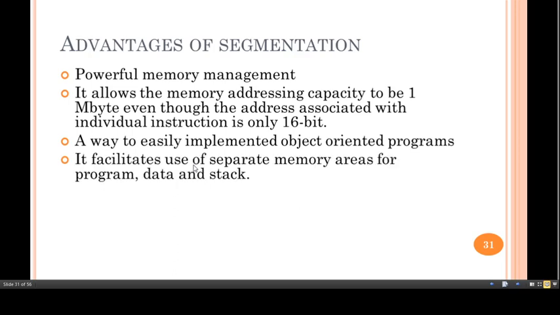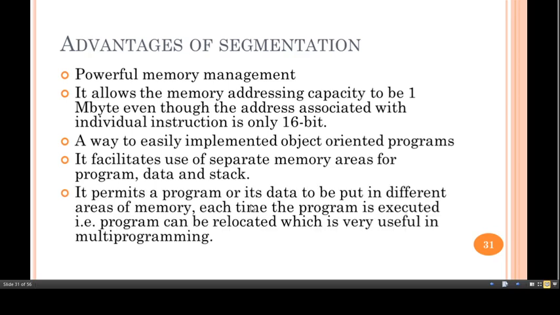It facilitates the use of separate memory areas for program, data and stack. That means we can store program, data and stack in separate memory areas if segmentation is available. It permits a program or its data to be put in different areas of memory each time the program is executed. That means the program can be relocated, which is very useful in multi-programming. So these are a few advantages of memory segmentation.